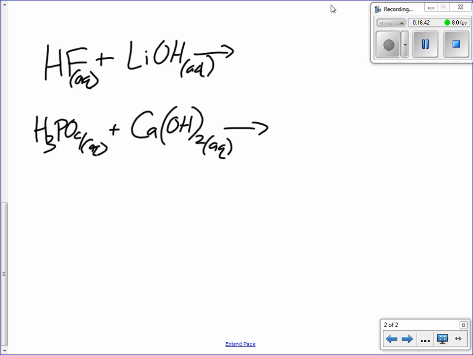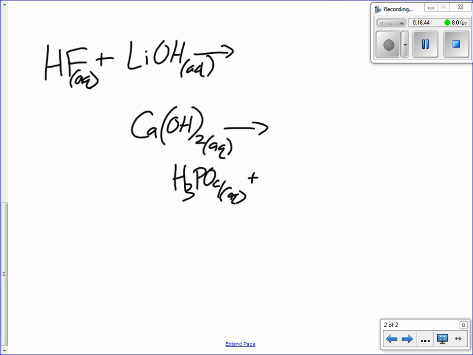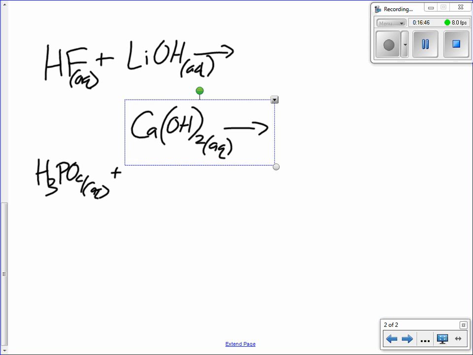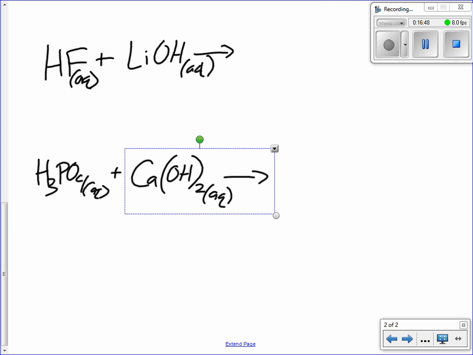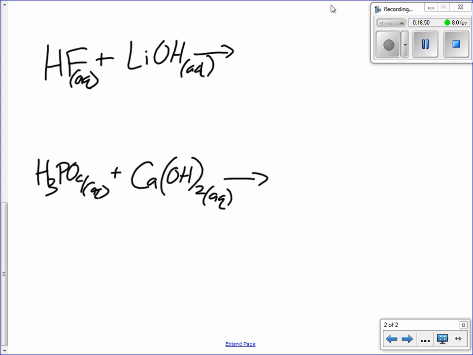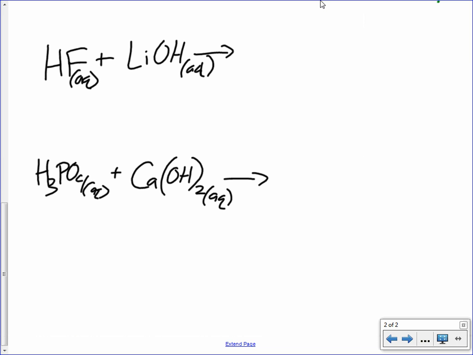Okay, solutions time. Let me move these down here so I got a little bit of room. Nice thing about smart boards. So we're going to mix hydrofluoric acid and lithium hydroxide. Okay, acid base, so we're just going to flip-flop. I mean, it's a double replacement, so we flip-flop cations.